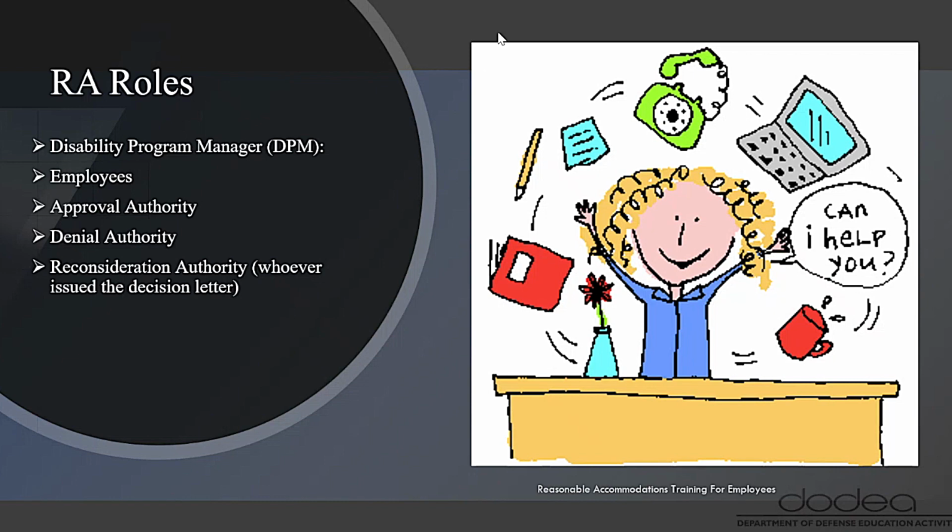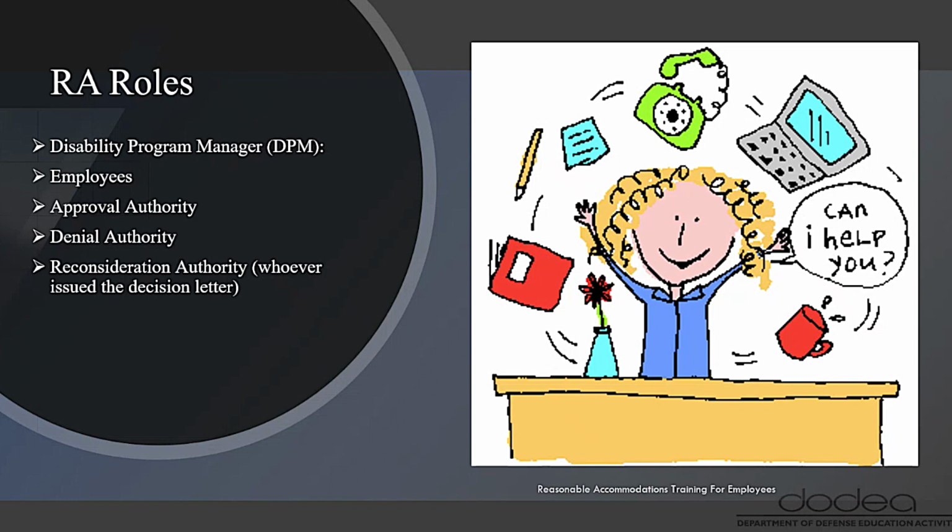All right, now we're back into the RA roles. The disability program manager works with you as the employee and with your supervisor to try to ensure that we're providing an effective accommodation to address your disability need.